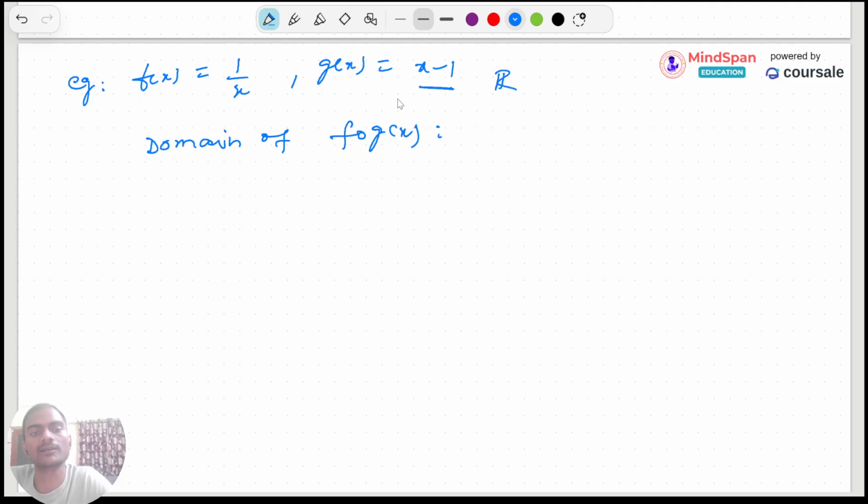So we will blindly say that the domain of f of g is all real numbers, but that's not the case here. That is what I'm giving more emphasis on.